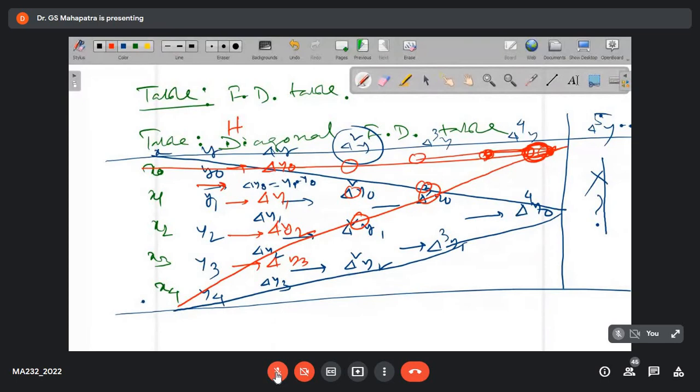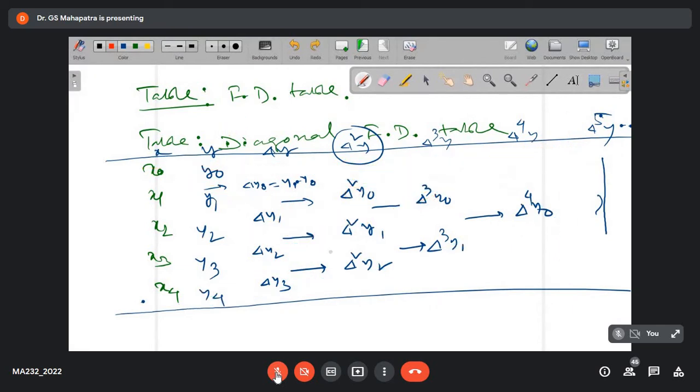That table is the horizontal table. We will use the diagonal table only, or simply the forward difference table.